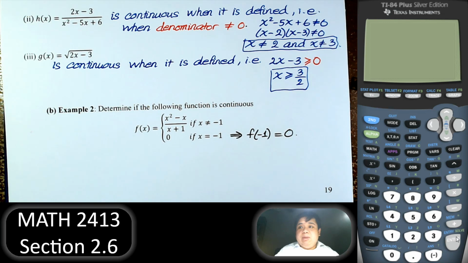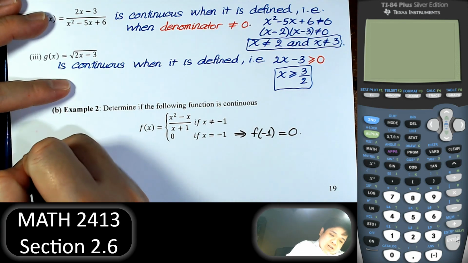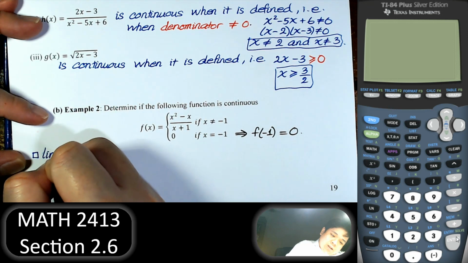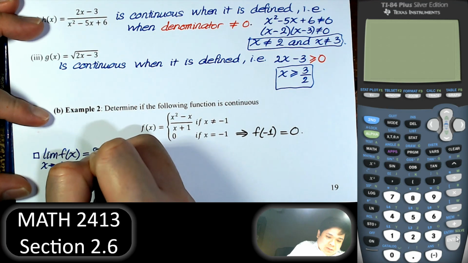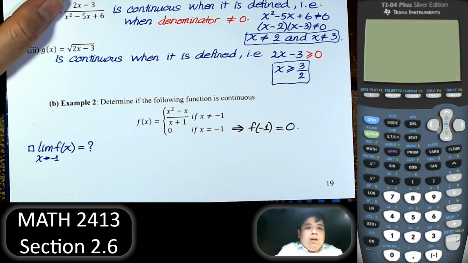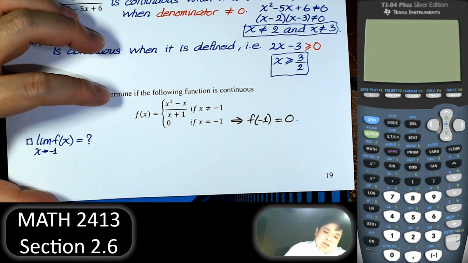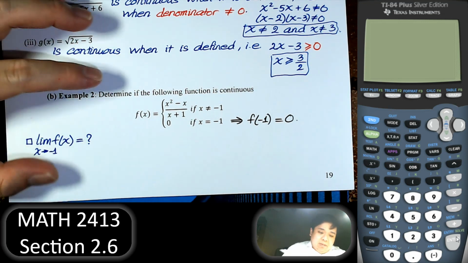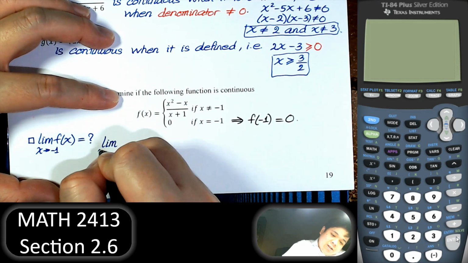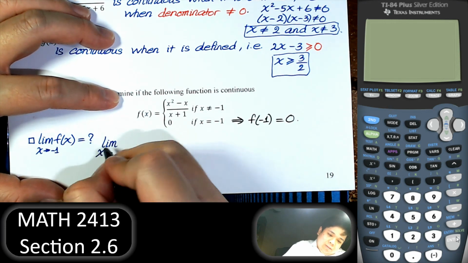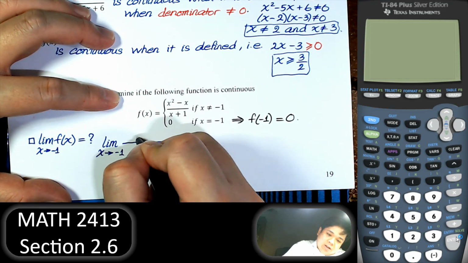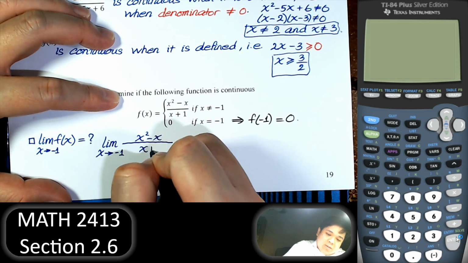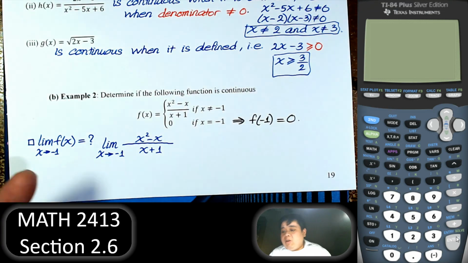Now we just need to find the limit when x goes to -1. So let's look at the limit. Look at the function x squared minus x plus 1 over x plus 1. When we find the limit, we put in the numbers and see what happens.